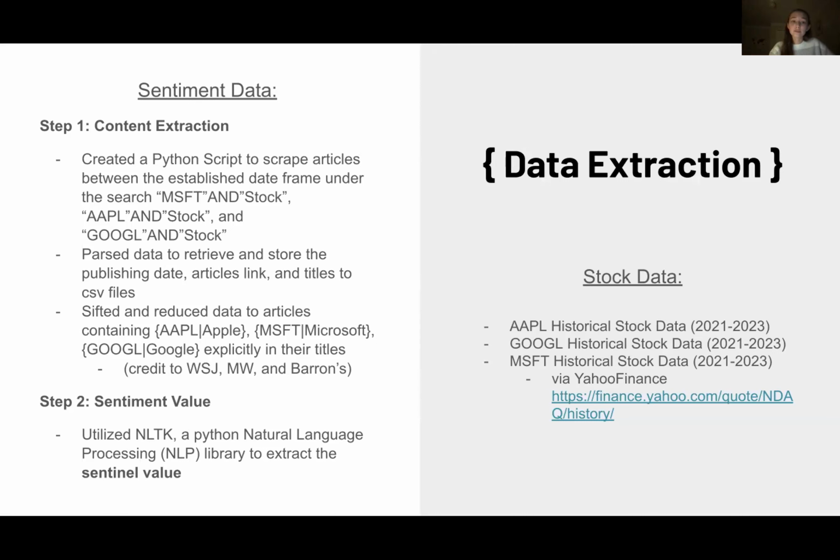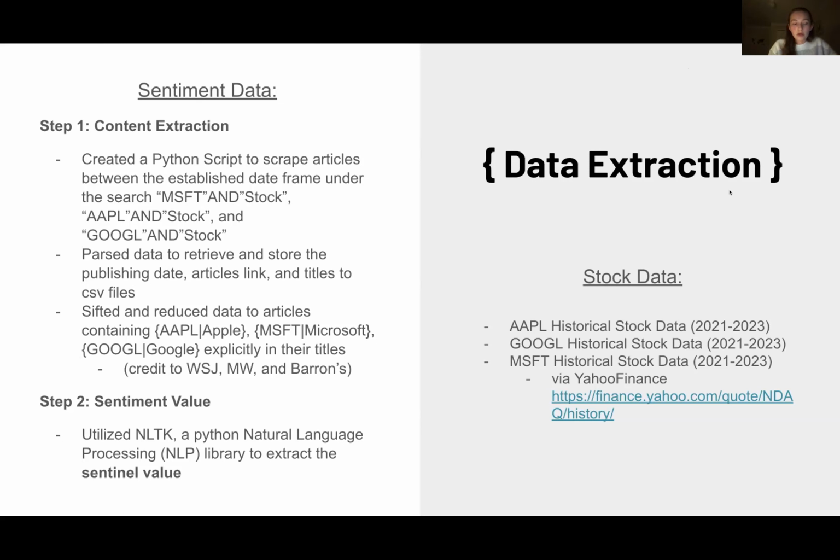The sentiment data took 2 different phases. The first phase was the actual extraction. I created a Python script to scrape articles and maintain the parameters we established earlier. So again, the articles had to be published within the date frame, and the search had to be Microsoft, Apple, or Google.